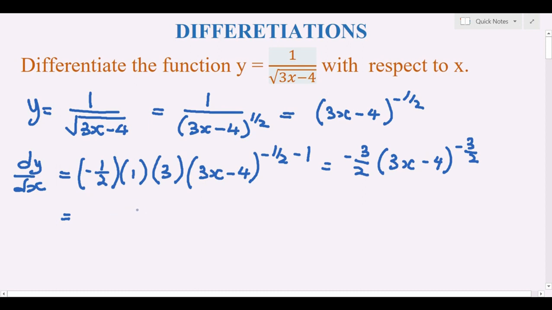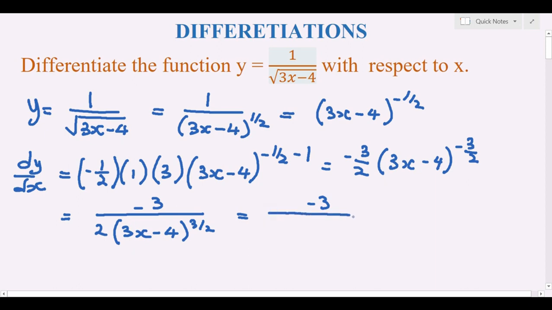So this will give us minus 3 all over 2 into (3x minus 4) raised to the power 3/2, and this will give us minus 3 all over 2 the square root of open bracket 3x minus 4 all raised to the power 3.